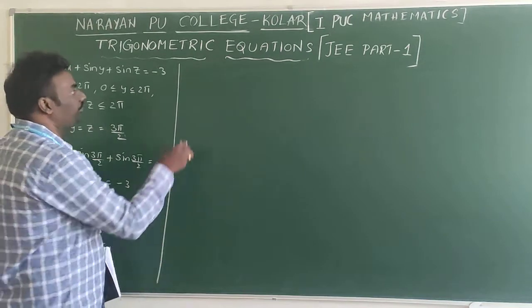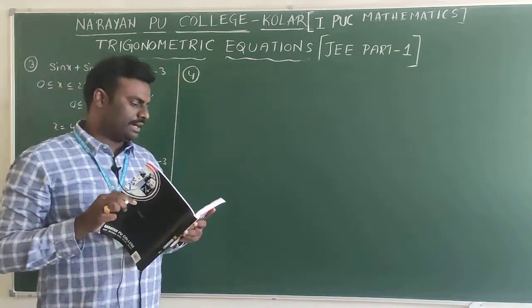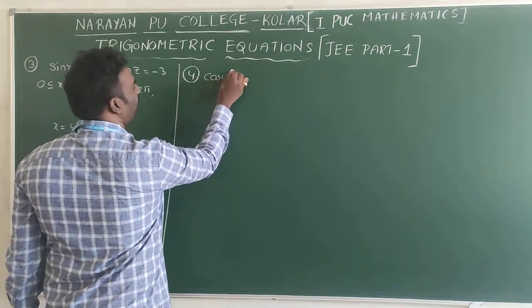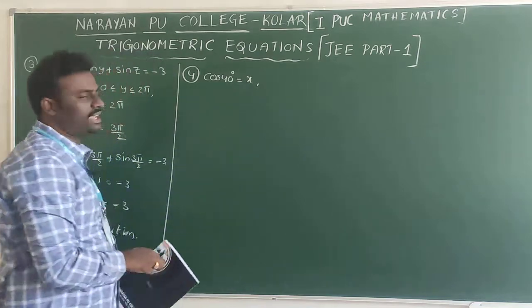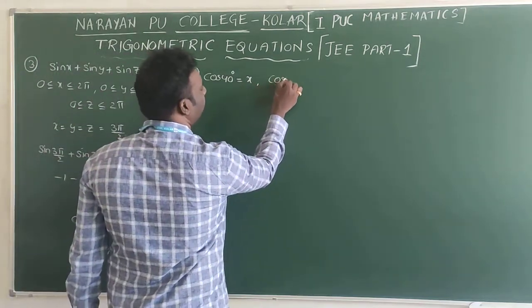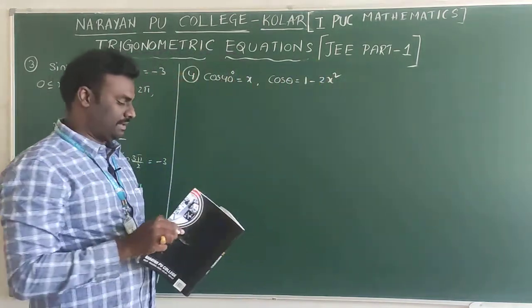Next, fourth question. The given condition: cos 40 degrees is equal to x and cos theta is equal to 1 minus 2x square.